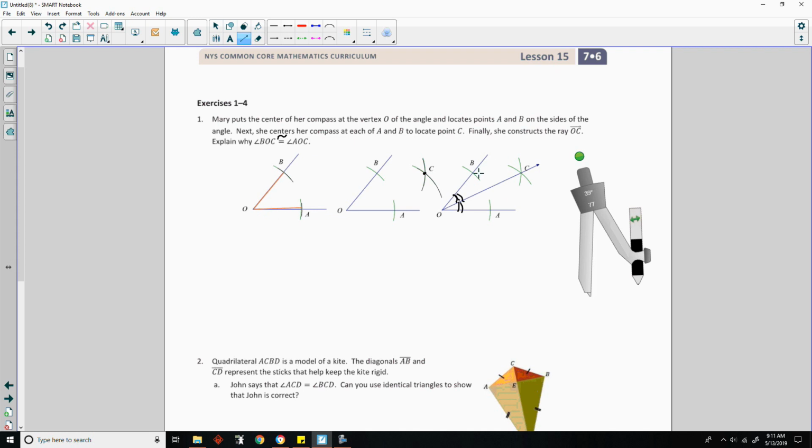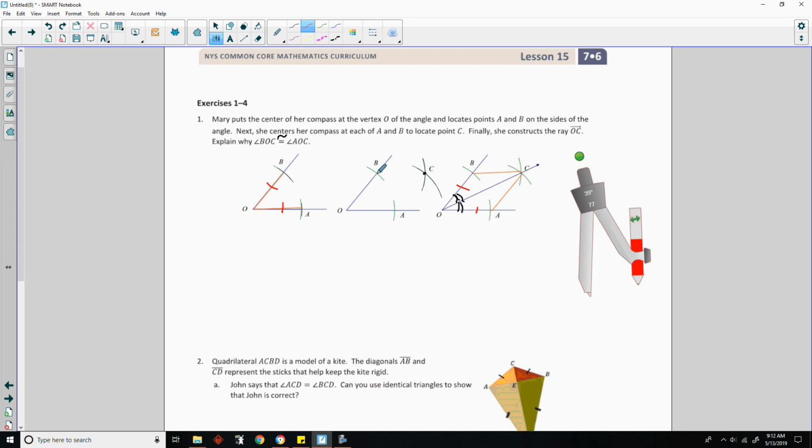If I drew a segment from here to here, and a segment from here to here, now you can see I have a triangle and another triangle here. Since OA is congruent to OB because we used the same radius from our compass, in this triangle right here, OA is congruent to OB.